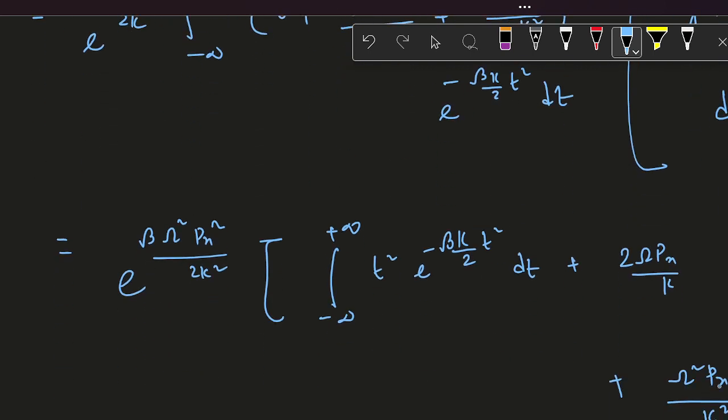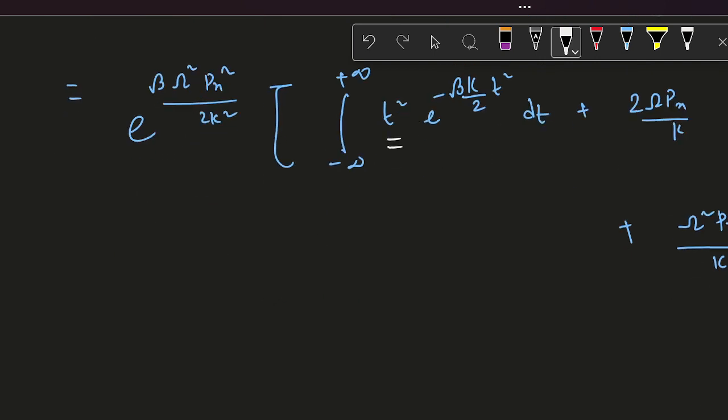If you look carefully, then each of the answers you know very well from the standard Gaussian solutions. I just wrote it down previously for you, that when you have this kind of a t square term, then you have the 1 by 2a root over pi by a form, where a is your constant. And when you have such an odd value, that is t times t to the power odd power, which is t to the power 1 times this Gaussian form of this whole square exponential, then you have this integral value as 0. And this last term is the simple Gaussian integral, giving you a root over pi by the constant, right?